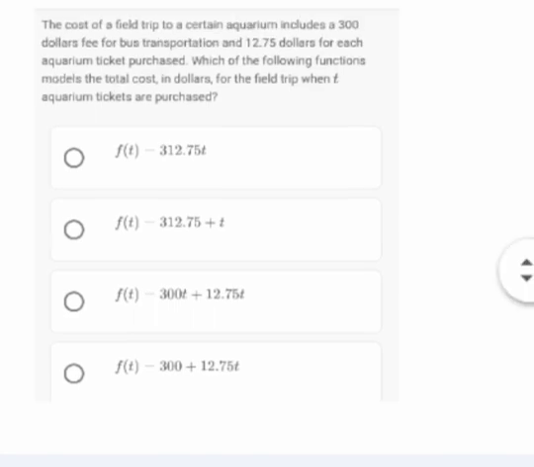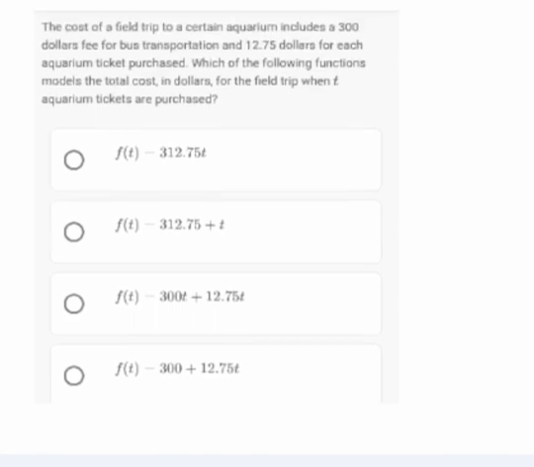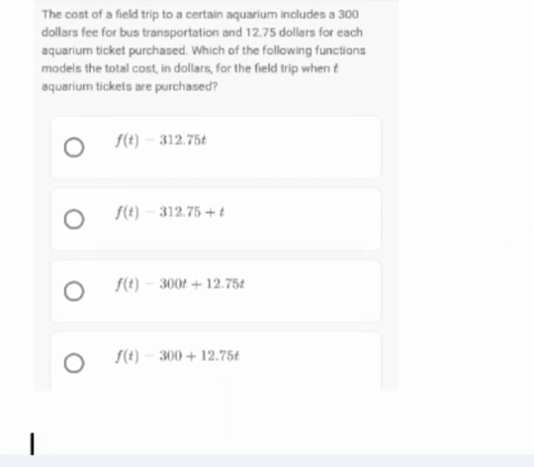The cost of the field trip includes a fixed cost of $300, which is for bus transportation. Then $12.75 per ticket.